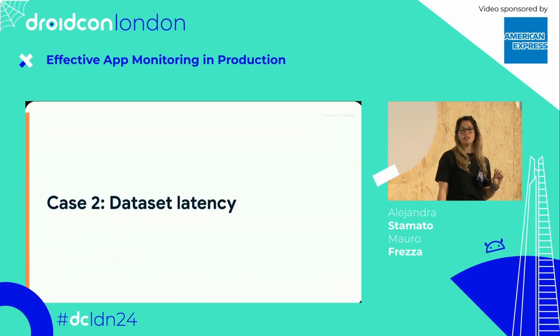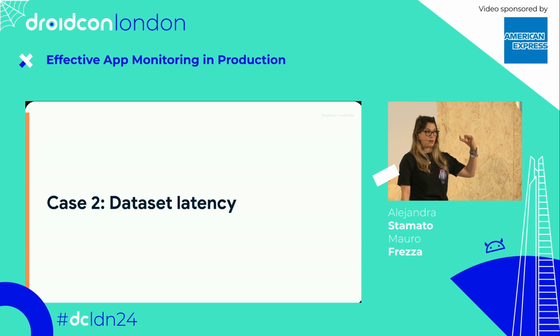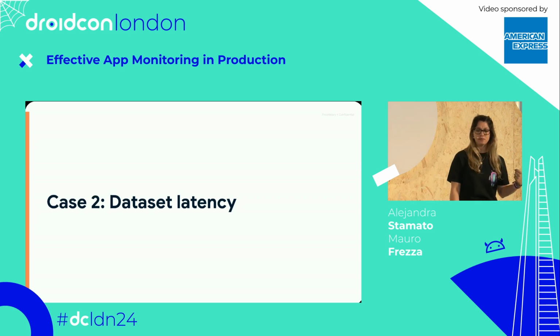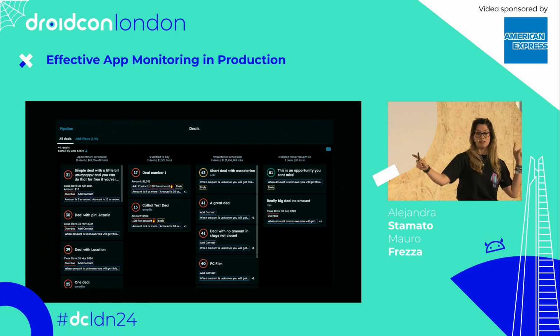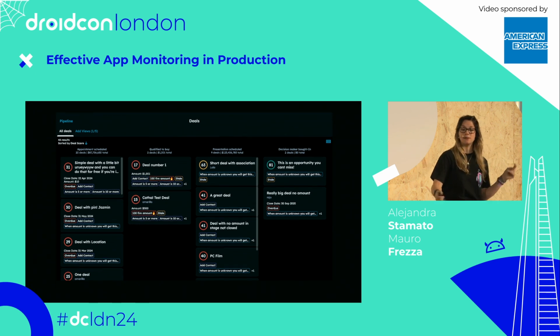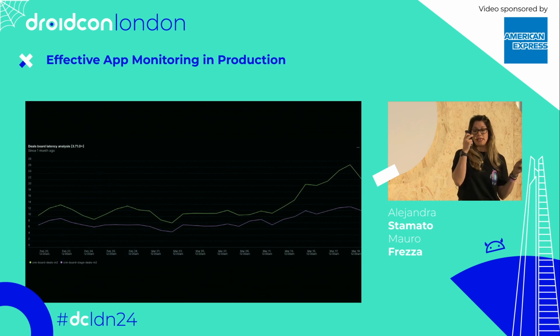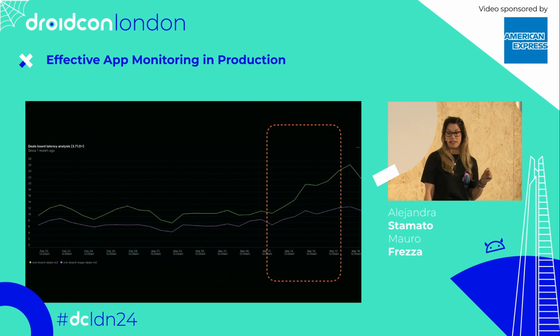And then the second case was we observed some latency on the dataset screen. Now, the reviews that we were showing at the beginning of the talk were fake for dramatic purposes, but the problem was real. Let's remember, this is the deals dashboard. What we were seeing was a dramatic increase of the system tasks connected to loading the deals dashboard.